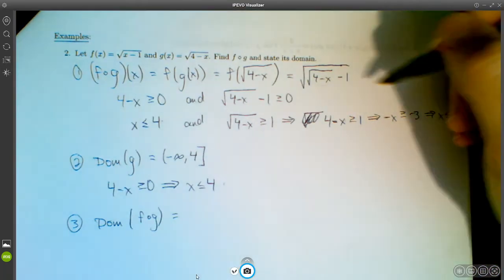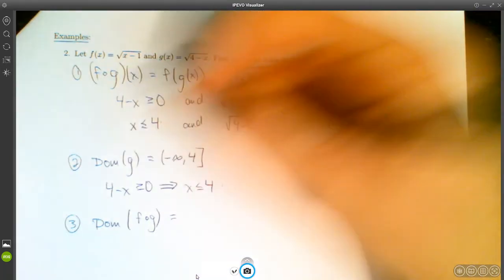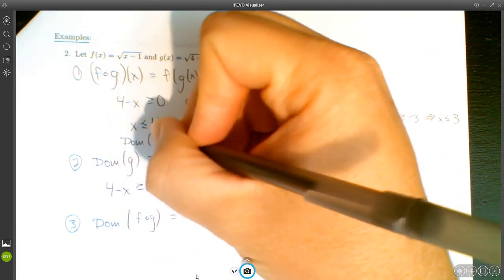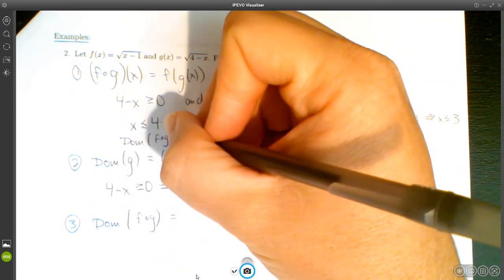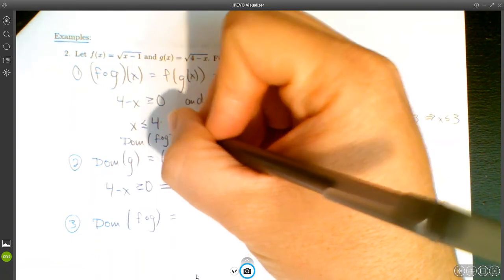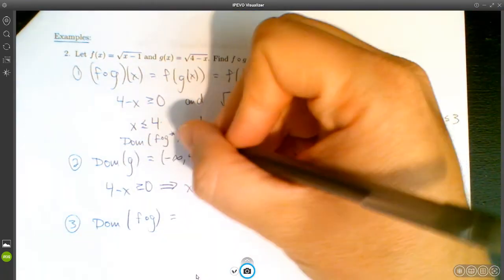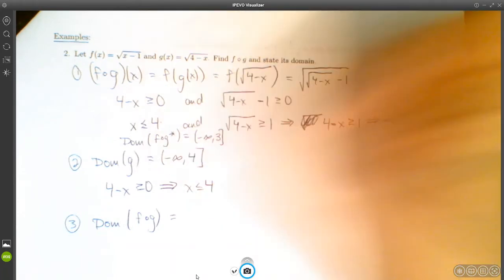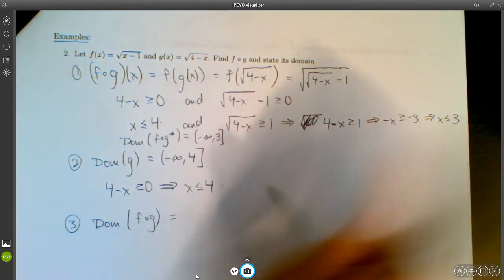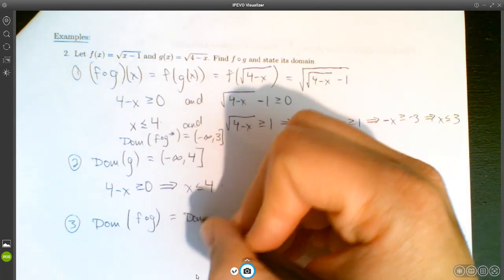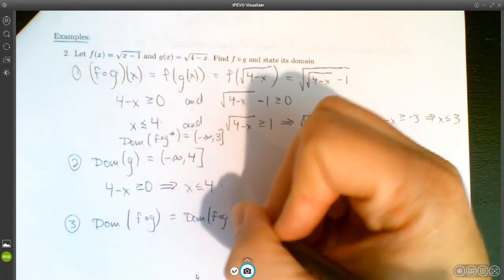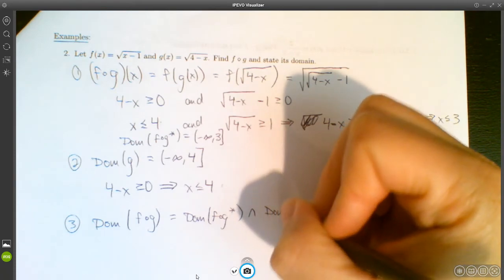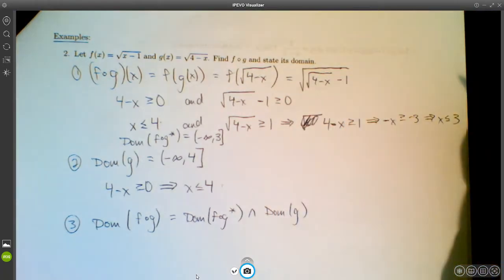Maybe I need some notation. From step 1, I'm going to call this the domain, though it's not really the domain of f of g. Maybe I'll call it the domain of f of g star, right? Equals negative infinity to 3. So the domain of f of g is going to be the domain of f of g star intersect with the domain of the inner function g.